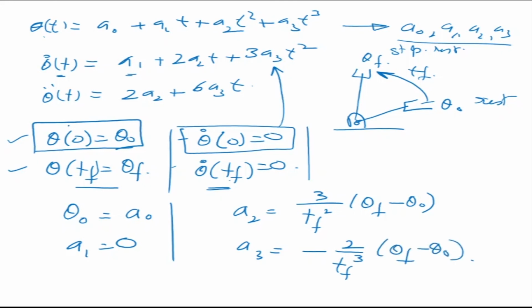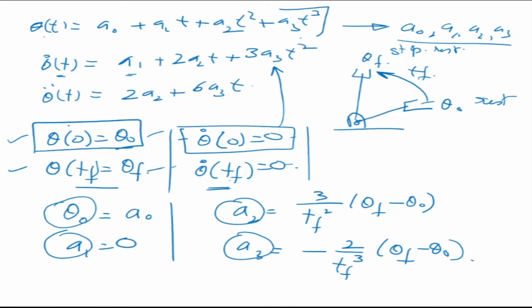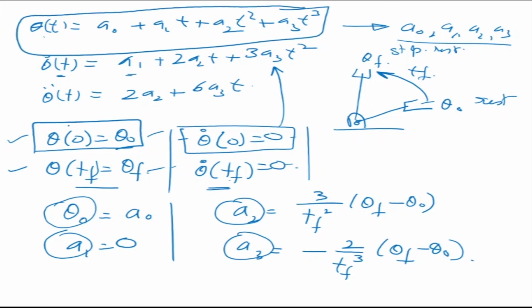So I've solved for the four constants, a0, a1, a2, and a3. Now we can write our equation in terms of these, provided I know the start point, end point, start velocity, and end velocity. Having known this, I have solved the constant values for this equation.